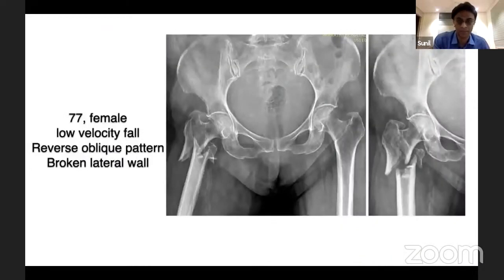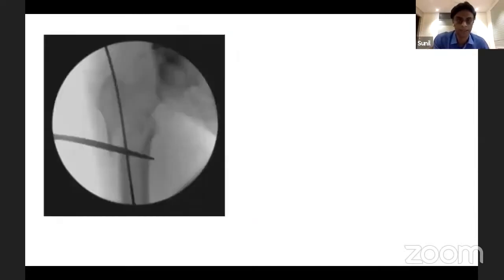Another very similar case with a comminuted reverse oblique pattern with a broken lateral wall. Again, an elderly, osteoporotic patient with a low velocity fall. In these cases, we prefer to use high profile nails, as you saw in the last case as well. But in younger patients, we tend to use recon nails most of the time. If you look at it, you have a translated deformity in the coronal plane. A bone hook works great as well.